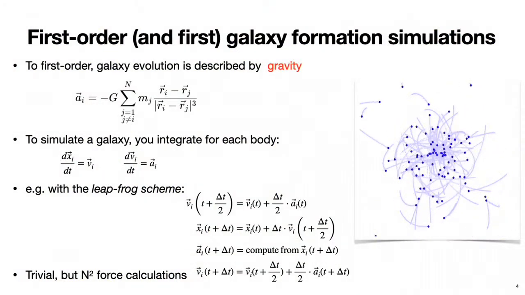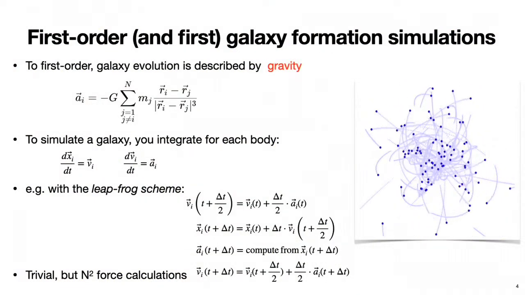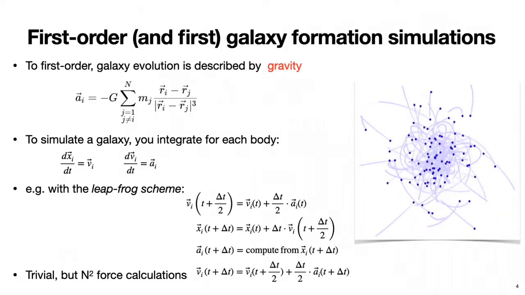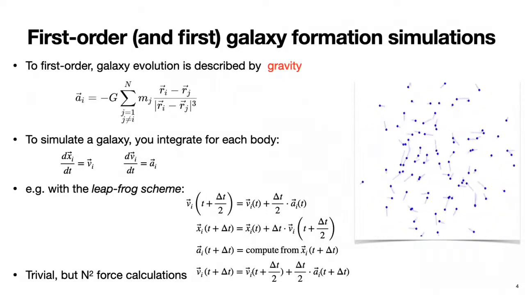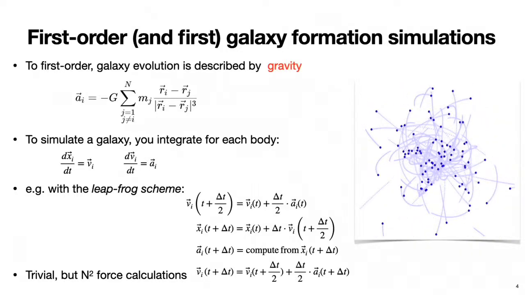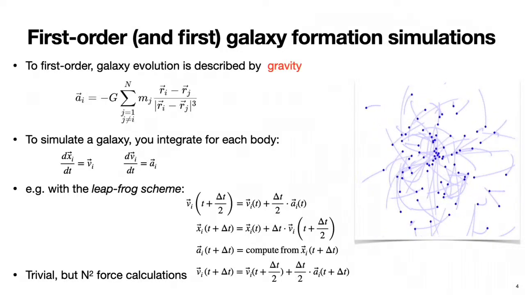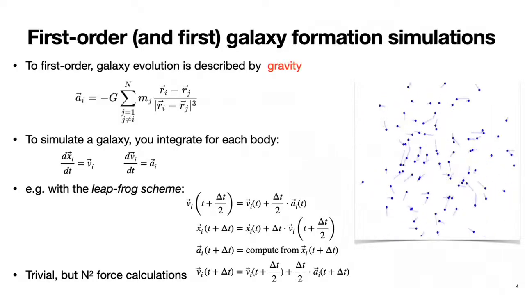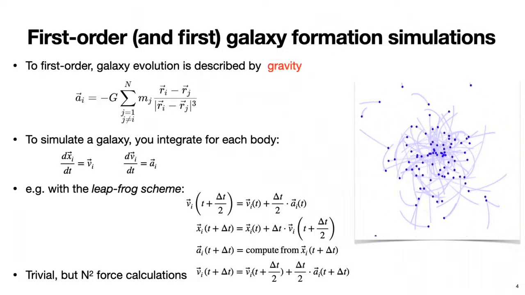Okay, so to first order, you can run very simple galaxy evolution simulations by just considering gravity. To first order, galaxy evolution is completely dominated by gravity. And if you want to do that, you can run n-body experiments where each particle represents a dark matter or stars.